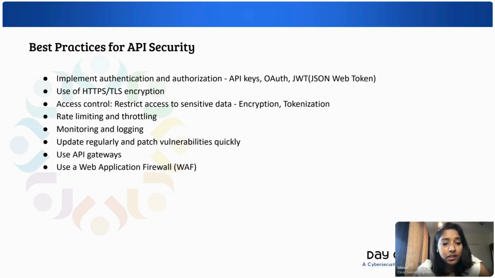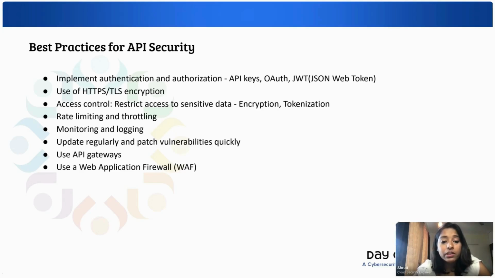The first one is implementing authentication and authorization. The first line of defense against unauthorized access is to implement an authentication system that requires users to provide valid credentials before they can access any data. In the same way, authorization is also important as it dictates what level of access each user has to the specific information.